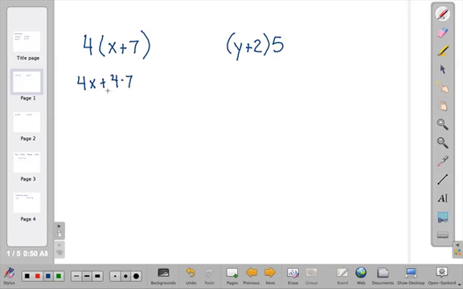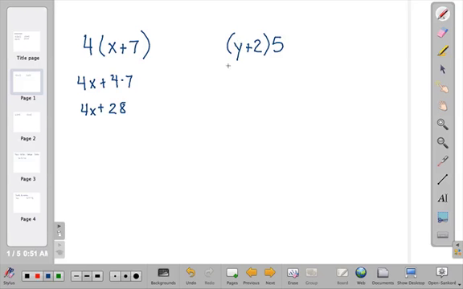Now we can simplify this a little further. We don't know what 4 times x is, so I'm just going to bring that down. I'm going to bring down the plus sign, but I do know that 4 times 7 is 28. And there, we've applied the distributive property, and then we simplified our problem, and we got 4x plus 28.